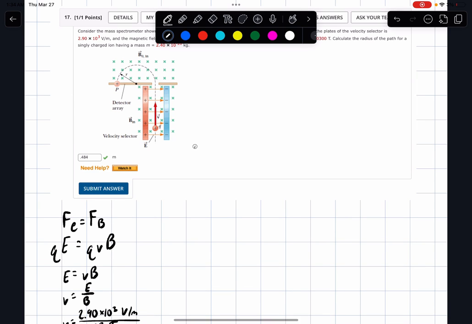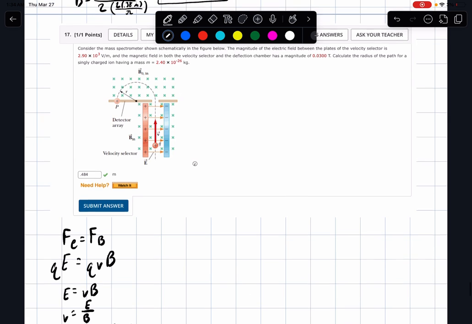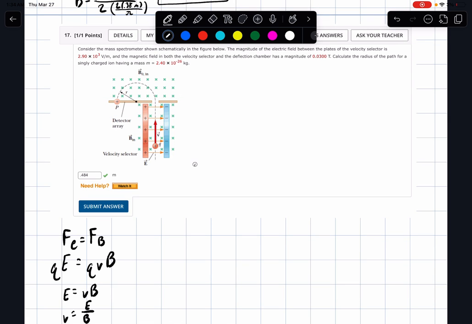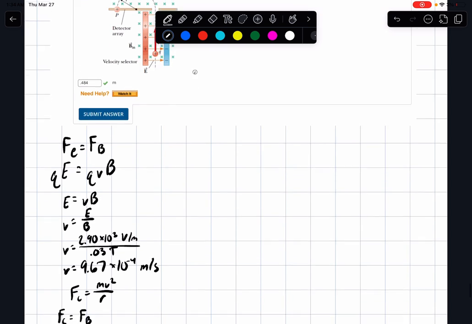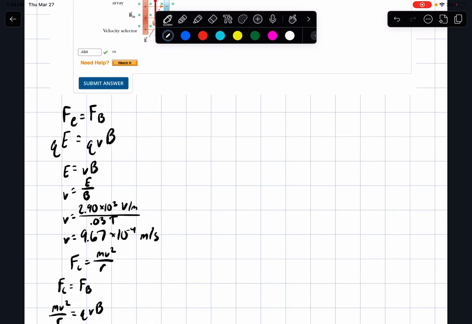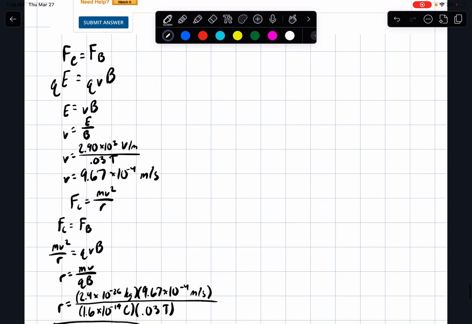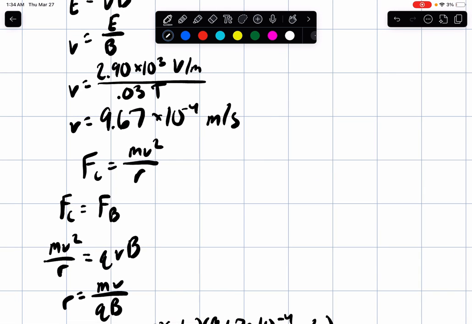So what made this difficult, as per usual, I feel like was the setup of the problem. For one, you have to have an idea of what the mass spectrometer is. The reason why I set the electric force equal to the magnetic force is to find the velocity, to find the centripetal force.